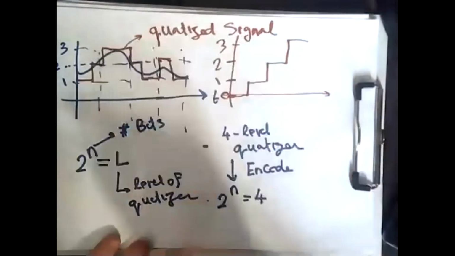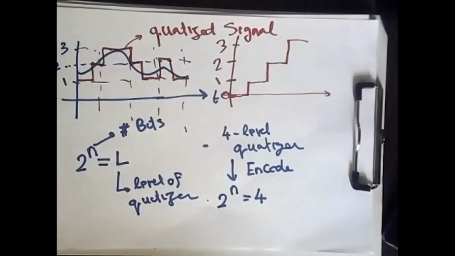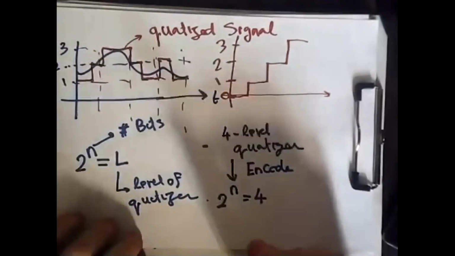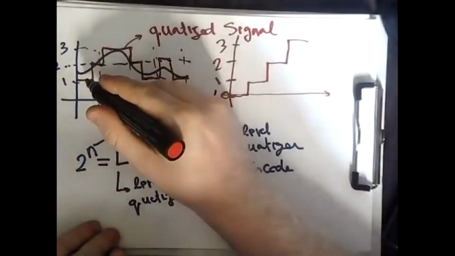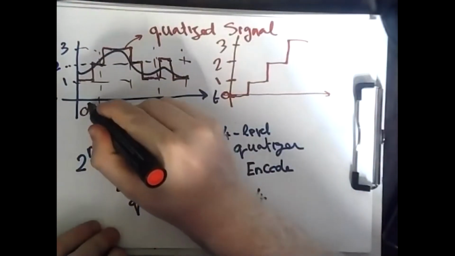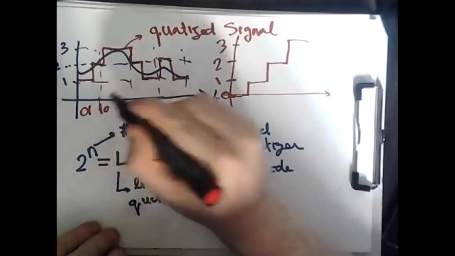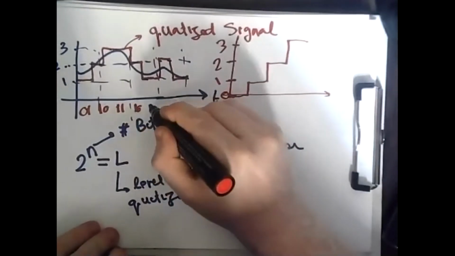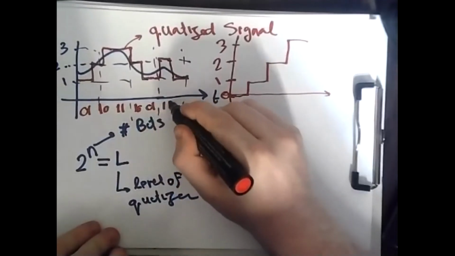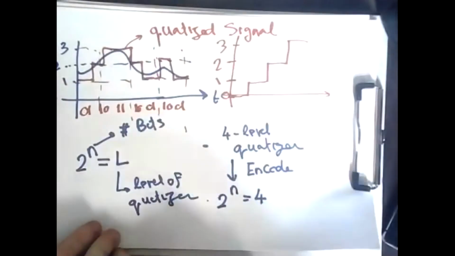Whenever you would like to transfer this signal into a complete digital signal, you simply represent this data. So this is 01, then 10, then 11, then 10, then 01, then 10, then 01.